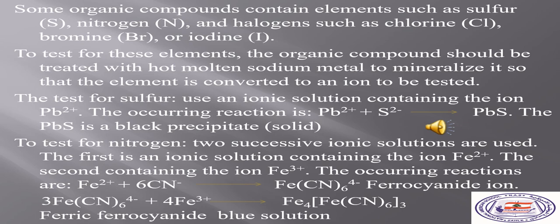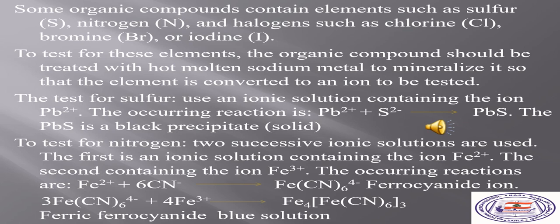A reaction takes place between Pb2+ ions and S2- ions to produce a precipitate, which is a solid, called PbS, lead sulfide, which happens to have a black color to it.